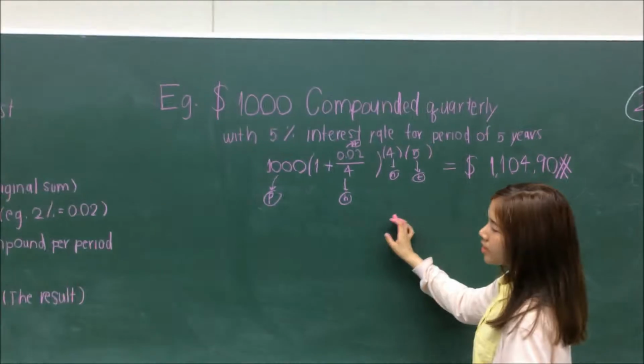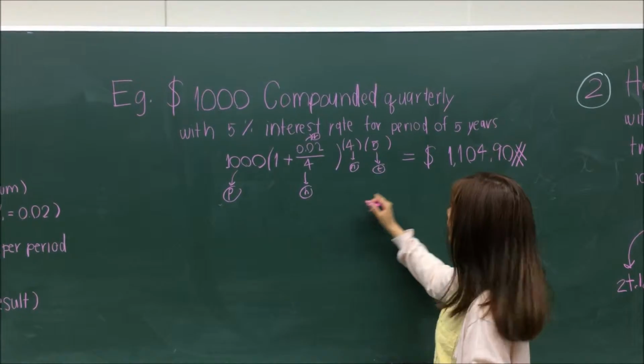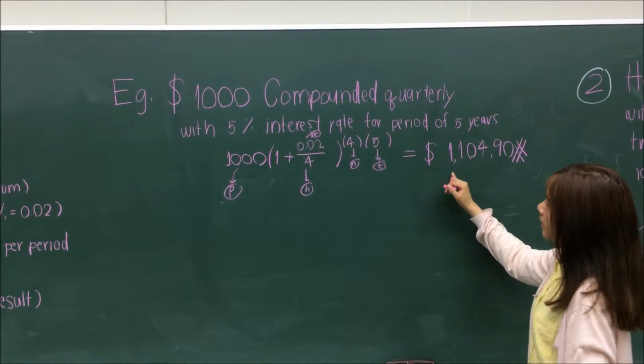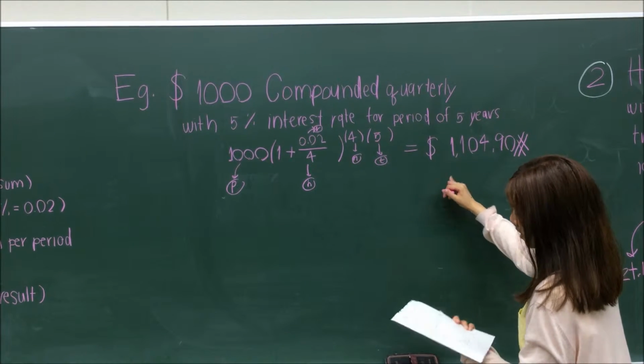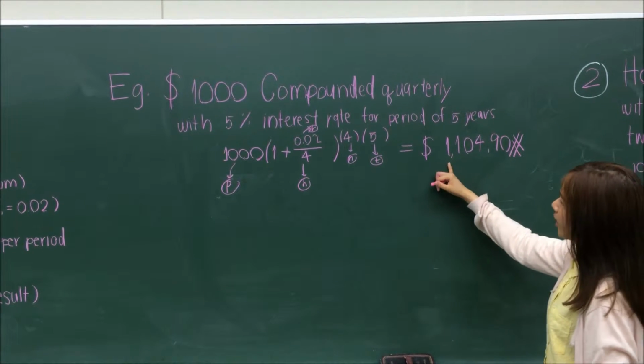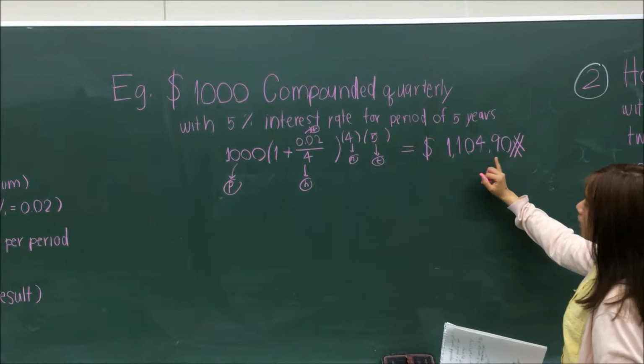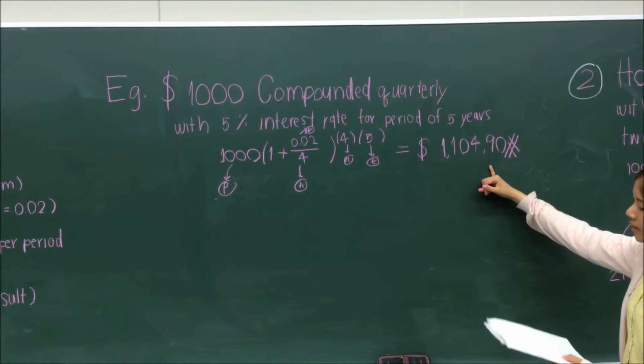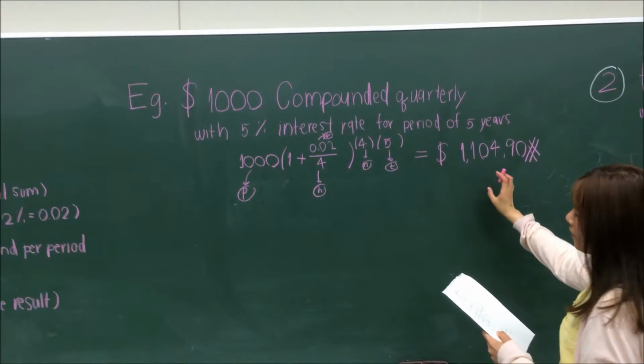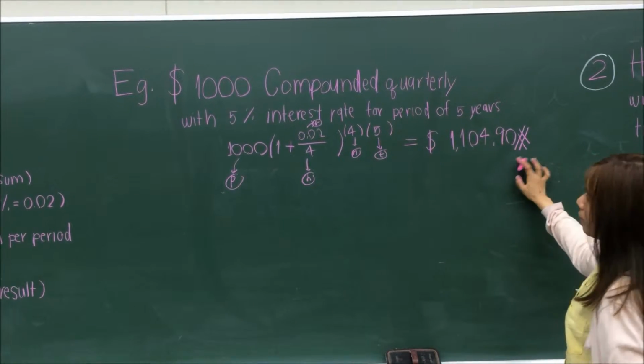After you apply this formula, you will get 1,104.90. So after 5 years, this is the value of it.